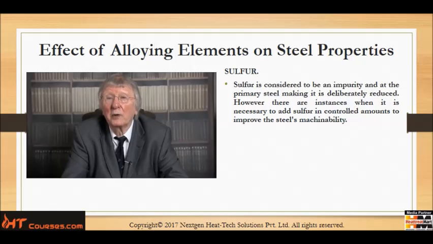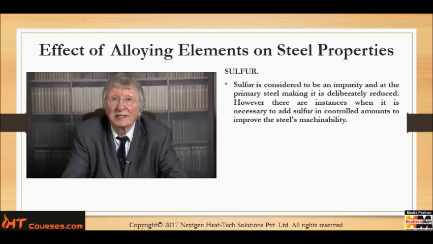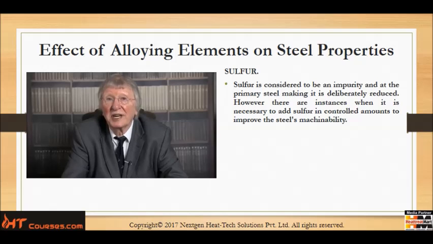Many years ago, lead was added to the steel to improve machinability. The only problem with lead was that as you heat treated it and exceeded the lead's melting point, the lead started to vaporize out of the steel. Sulfur does not have such a problem.